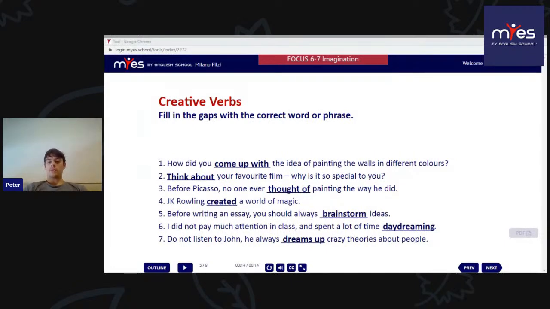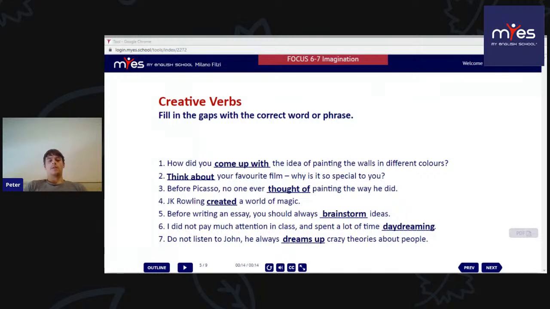All right, difficult words and difficult phrases. To come up with is to invent. To think about is to just think in general about something specific. Before Picasso, no one ever thought of specifically painting the way he did.